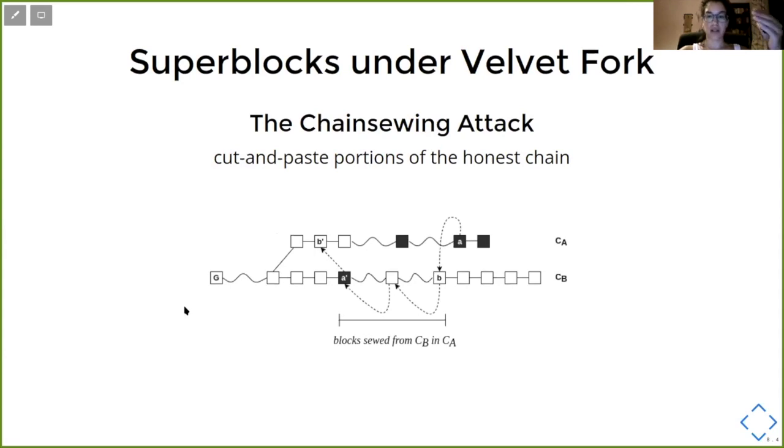So what we see here is that with this false auxiliary data, the attacker can literally cut and paste arbitrarily large portions of the honest chain into her proof. So she can strengthen the proof of work contained in her proofs and have a much higher probability to trick the client.